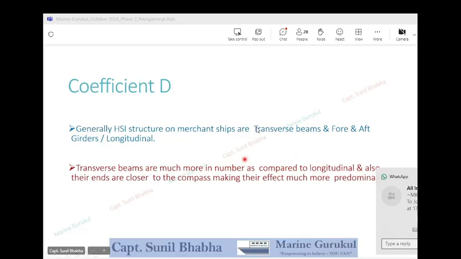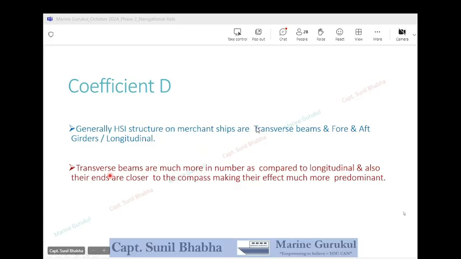Now that is not the case. The transverse beams are much more in number, and secondly their ends are closer to the compass location. The ends of the fore and aft longitudinals are close to the bow and stern of the ship, which are far away from the compass location, whereas the beams stretch over the entire length of the ship and the ends of the beam are closer to the compass location as compared to the longitudinals.